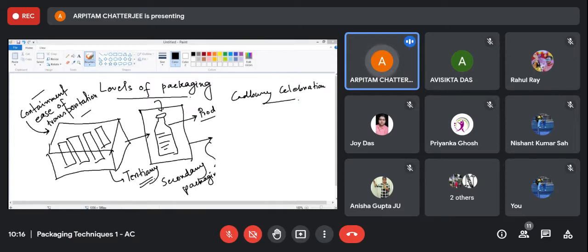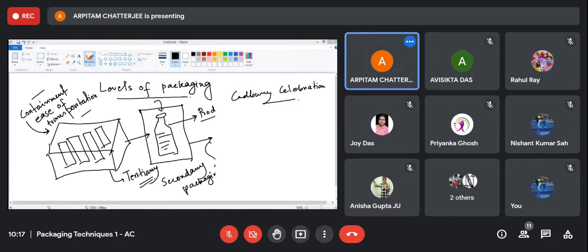So tertiary packaging gives an extra quotient of ease in terms of transportation. Tertiary packaging is majorly for transportation need, but primary and secondary are very commonly seen in most cases.